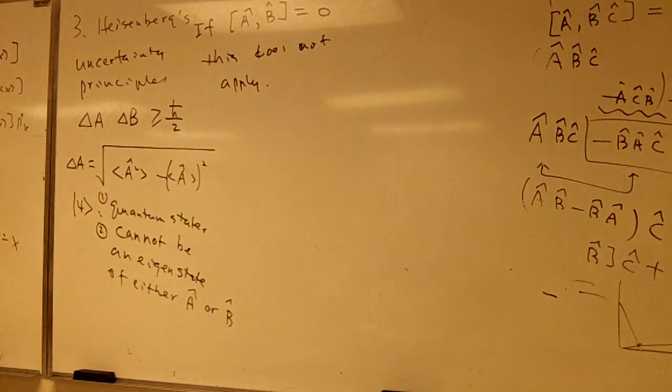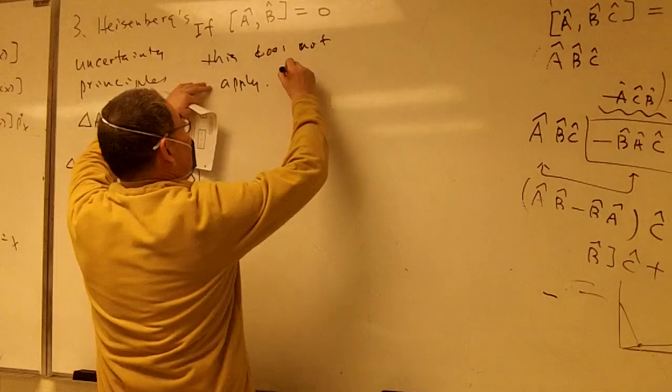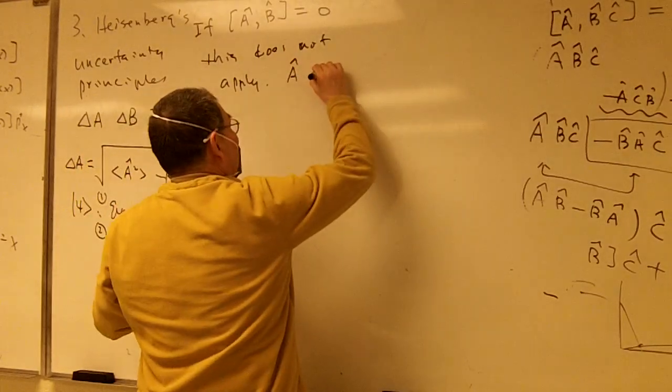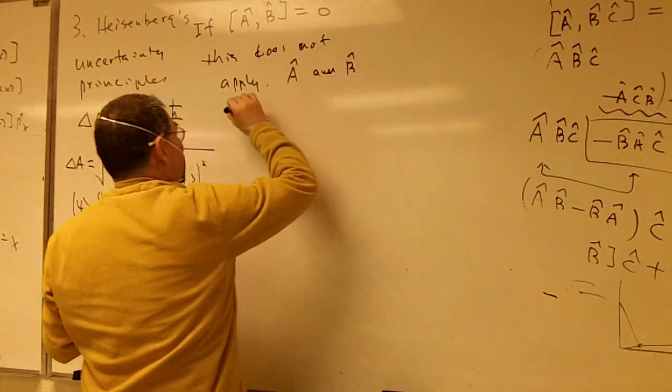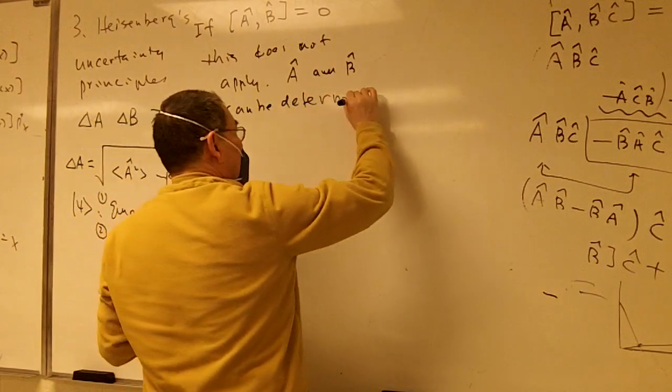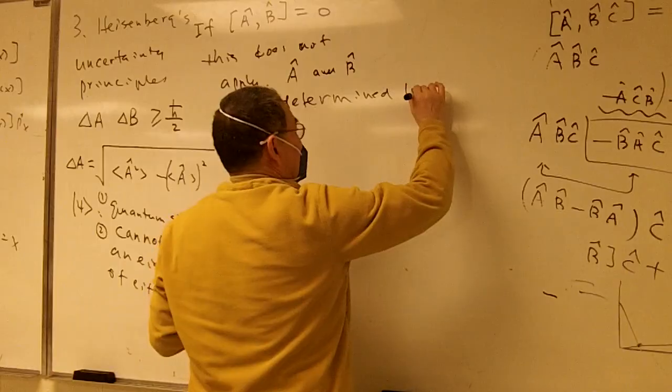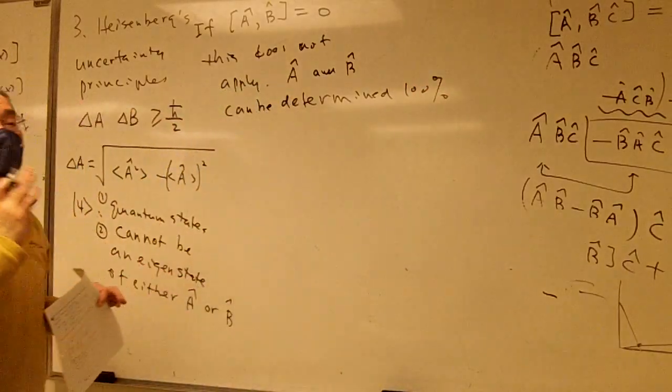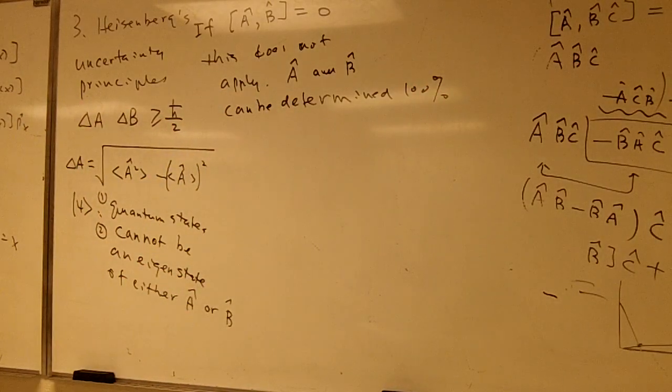This only means that you can determine these quantities 100% without any uncertainty. So this doesn't apply. A and B can be determined, theoretically, 100%. If the commutator equals 0, sorry, the story ends here.